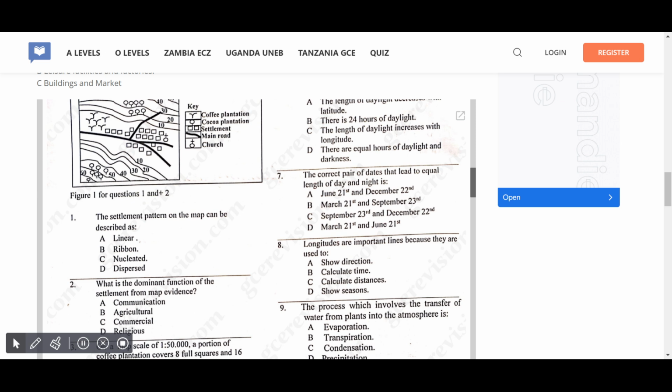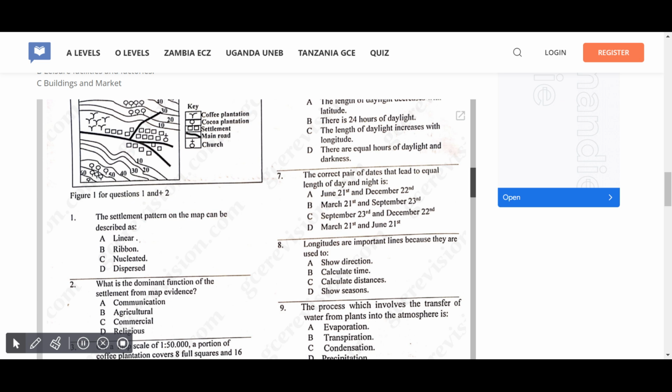Question 1 says the settlement pattern on the map can be described as. The answer is A, which is linear settlement.